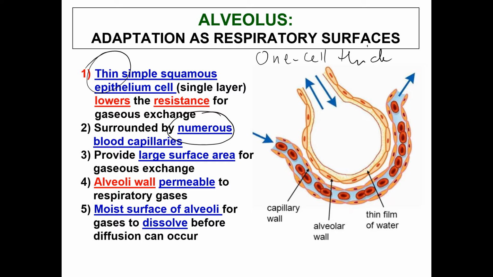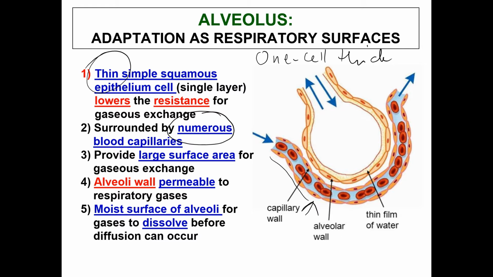If the alveolus were far from the blood vessels, how would carbon dioxide and oxygen pass through to reach the blood capillaries, since the blood carries them back to the cells that need oxygen? So the numerous blood capillaries surrounding the alveoli are very helpful for the alveoli's function, and they also provide a large surface area for gas exchange to occur in the alveoli.